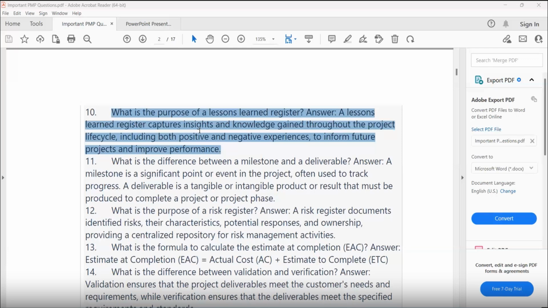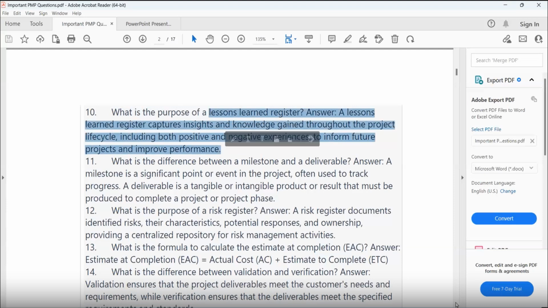So this is the lessons learned register. This is based upon the experience. So that is why we guide. You teach, you tell your family members what to do and not to do.